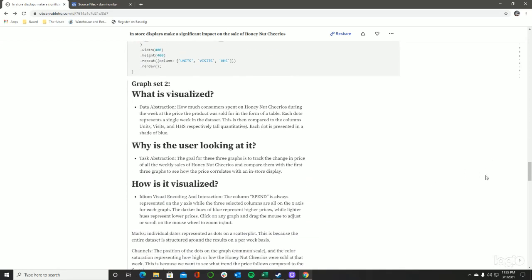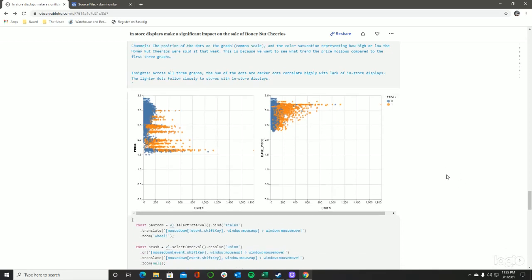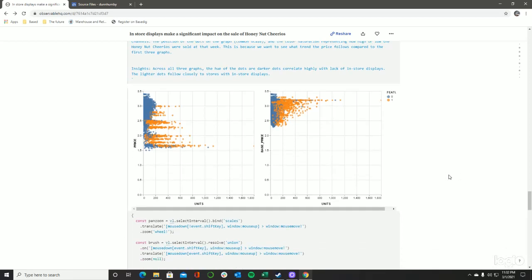To give a little more insight into what this could mean, we graphed two things of interest, price and base price, and compared them both to units. We still use the same coloring scheme, comparing the in-store advertisement versus without it.